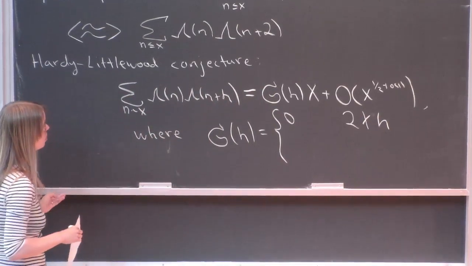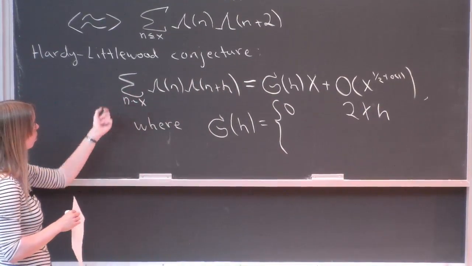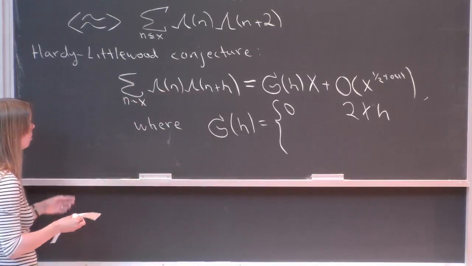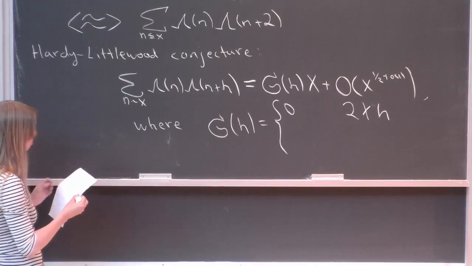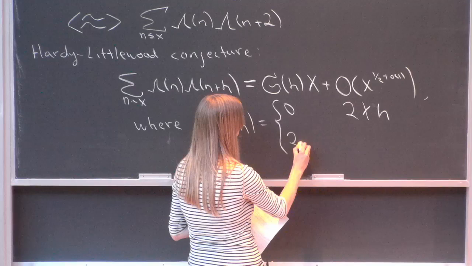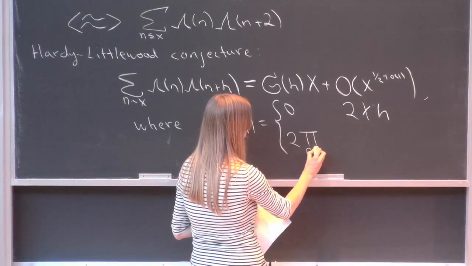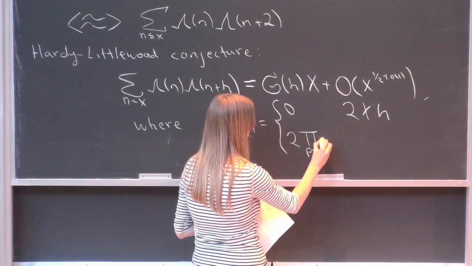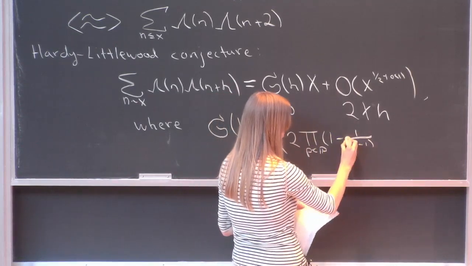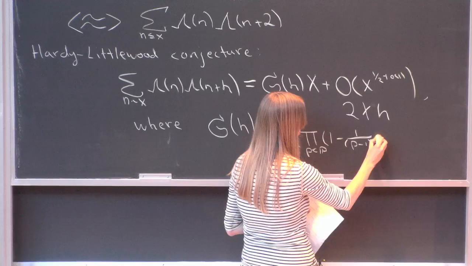I mean, for the difference h odd, one of them must be a power of 2. And in the case h is even, this is 2 times the product over primes of 1 minus 1 over (p minus 1) squared.